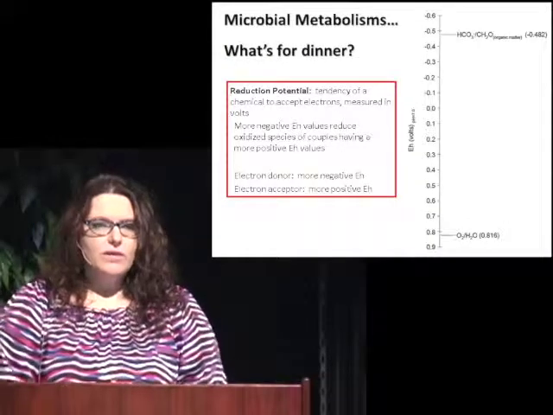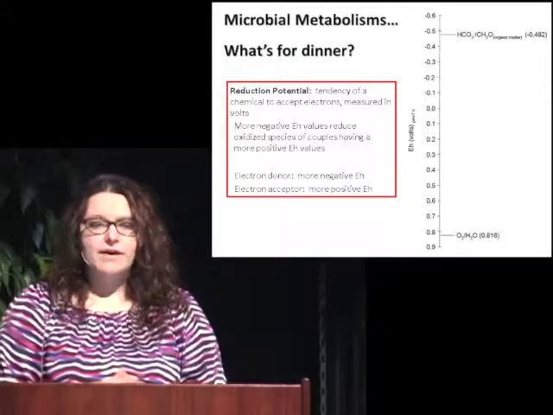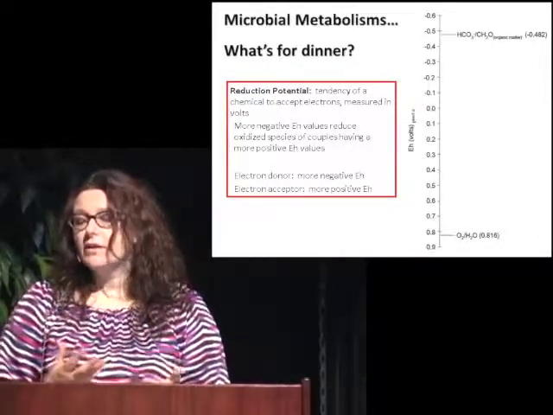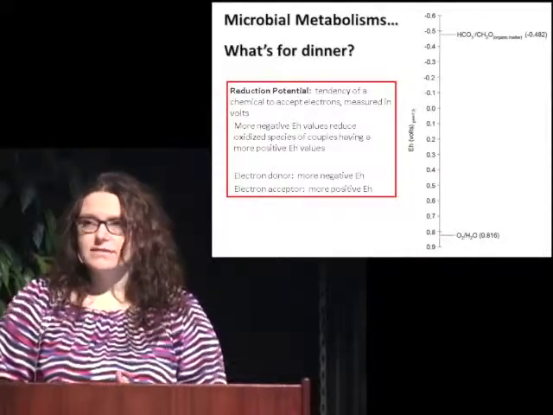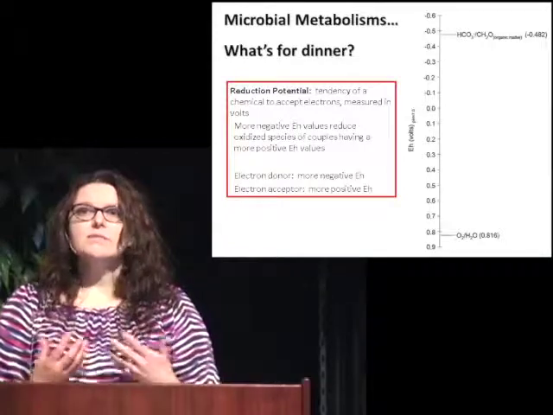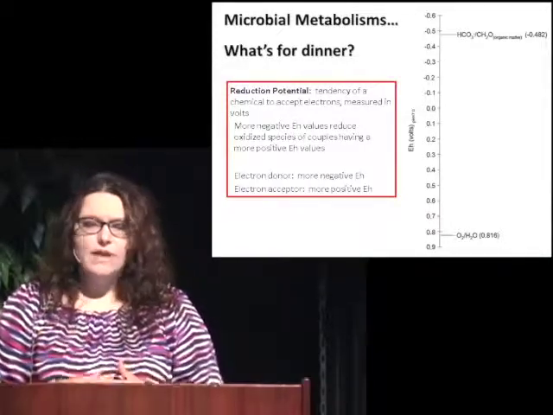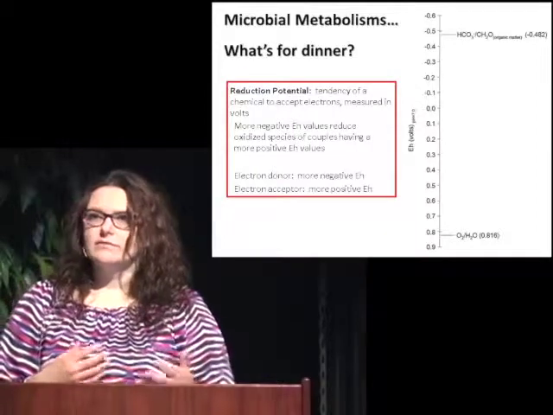And of course, they're going to do this by using what energy is available to them. Now, from a microorganism's perspective, any chemical is essentially food. Most often, we might think of something similar to what we would consume, organic carbon, and of course, breathing oxygen, what we breathe.